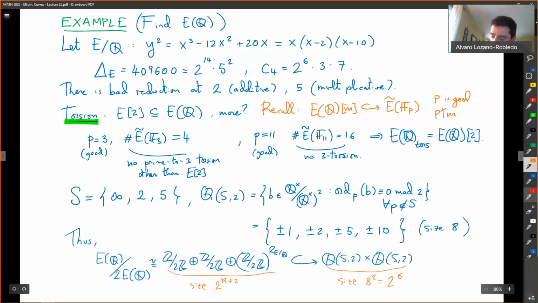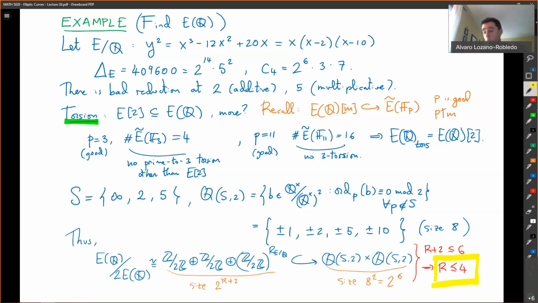Okay, so this alone tells me that R plus 2 is at most 6, and therefore R is at most 4. Right? So the rank of the elliptic curve is at most 4. And let's leave it there for now. But this is already showing the power of this, that this map already is giving me a pretty nice bound on the rank. This is saying that the rank is at most 4.